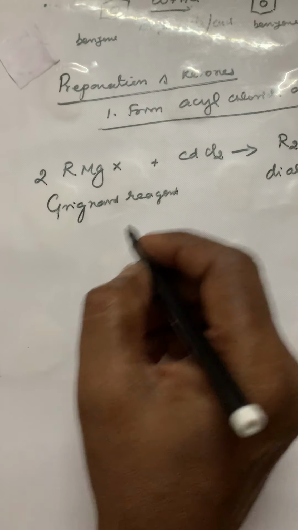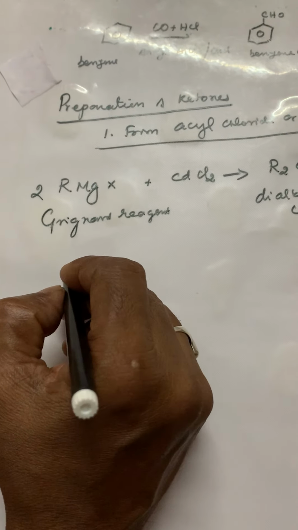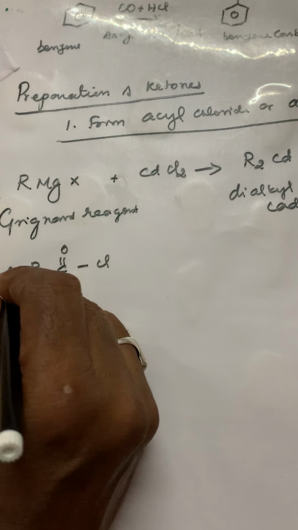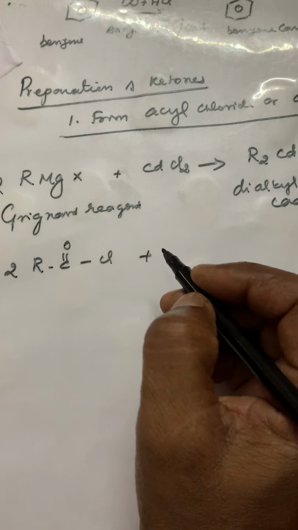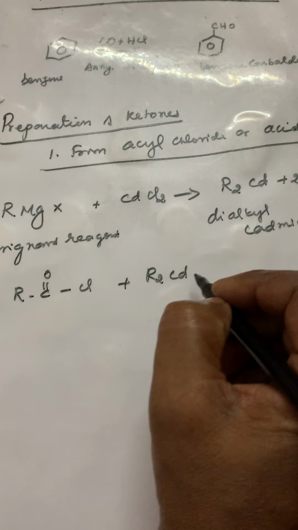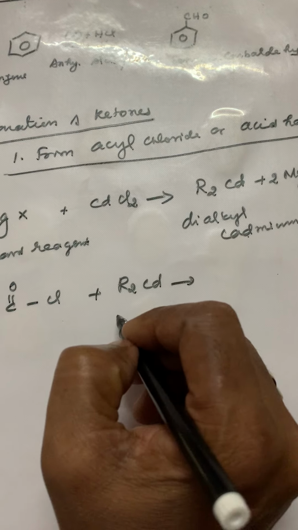The dialkyl cadmium reacts with an acid chloride, R'COCl, plus R2Cd, the dialkyl cadmium.